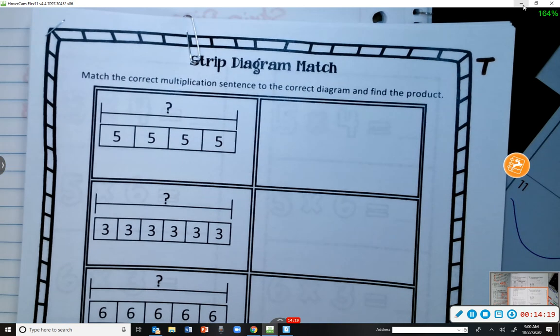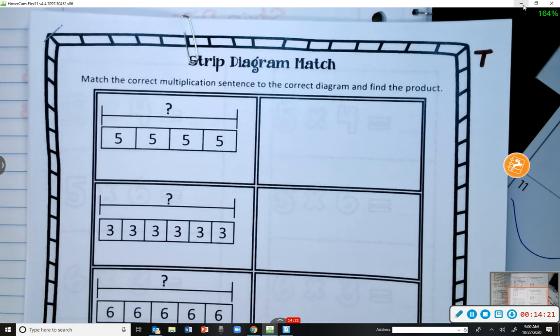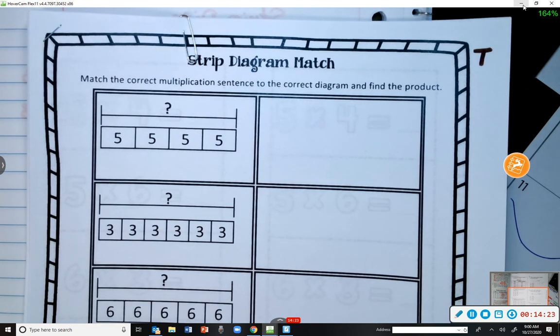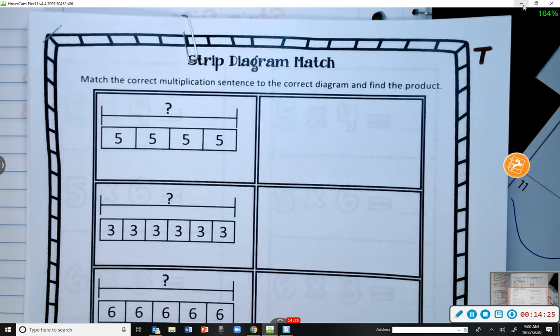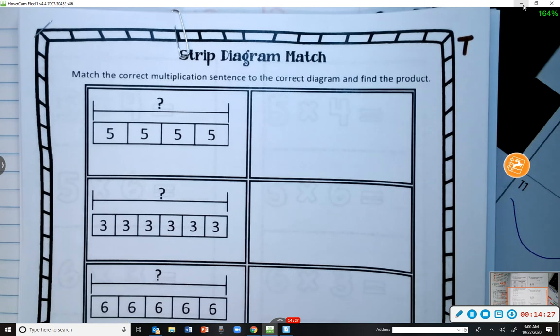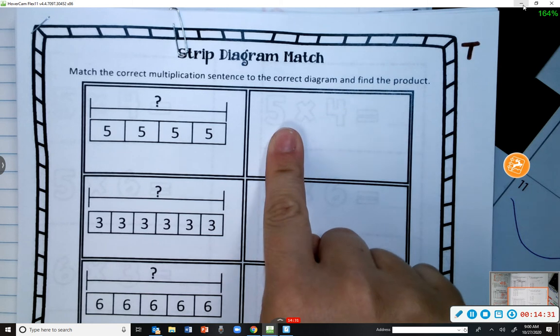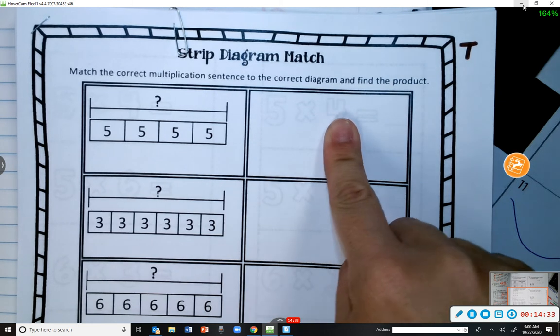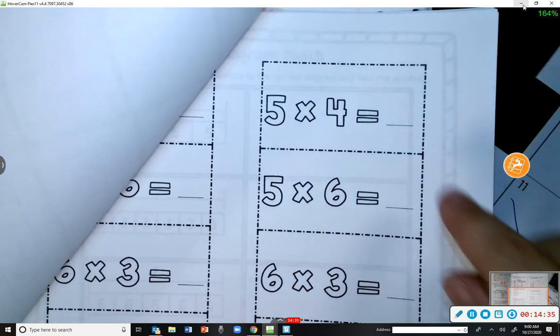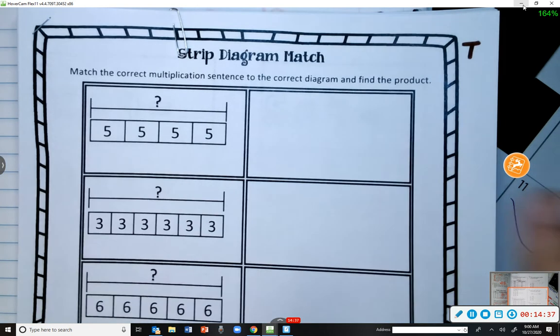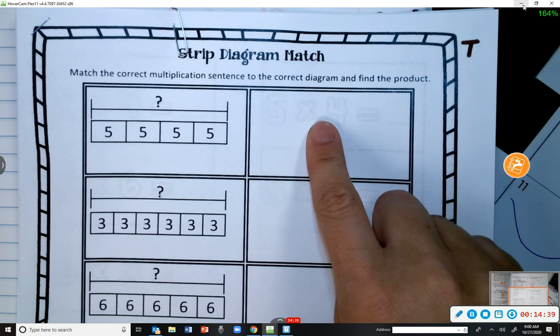Okay, so it looks like this. It says to match the correct multiplication sentence to the correct diagram and find the product. Those of you at home are dragging the sentence over to the box. Here in class, you guys will be cutting and pasting the number sentence that matches.